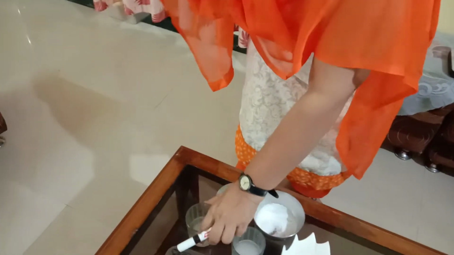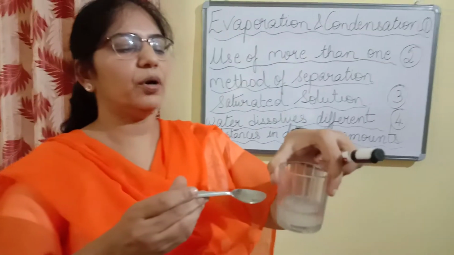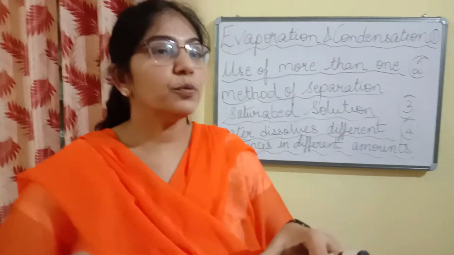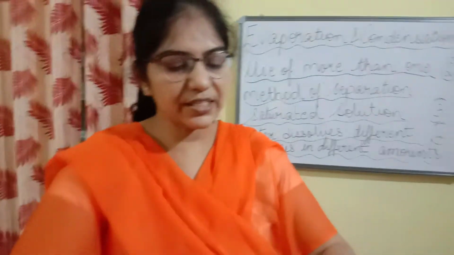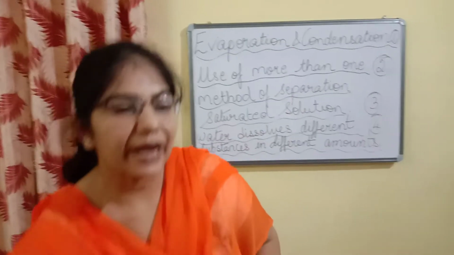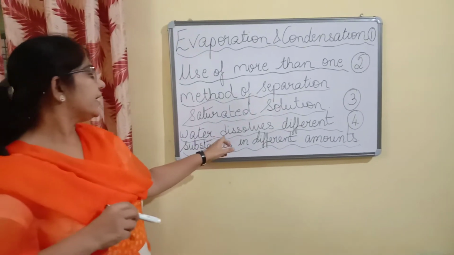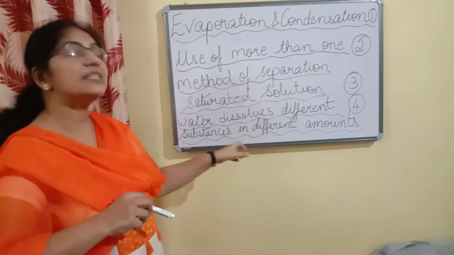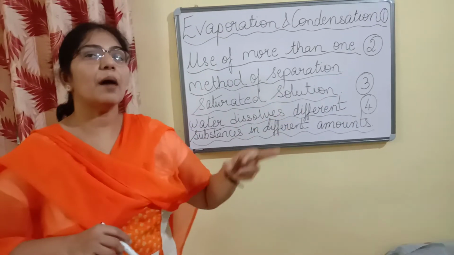Now here also, children, I have taken less water and added about 4 to 5 spoons of sugar. So some sugar has dissolved, but some is still left behind. So what do we mean by this? What I am trying to explain is that water dissolves different substances in different amounts.